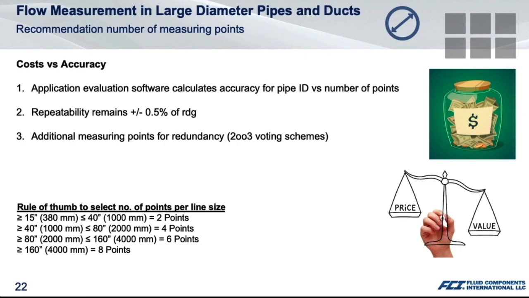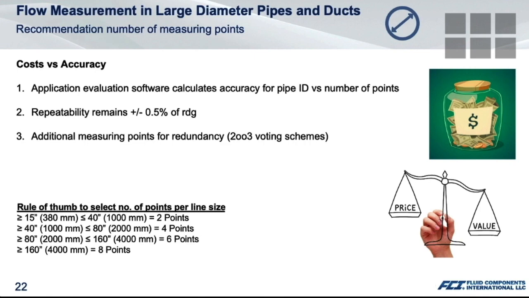Please remember this is a rule of thumb to obtain the highest out-of-the-box accuracy without any in-situ field calibration, and it is not always required to have, for example, 4 points in a 40-inch line. You may be able to control your process using only 1 point. And again, this is depending on the price versus value.